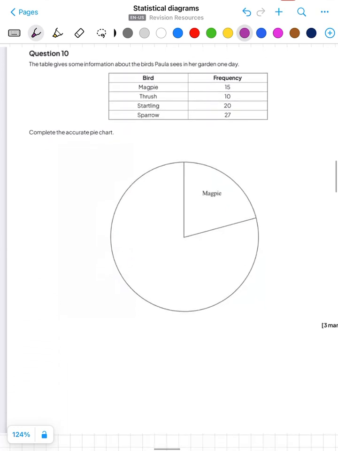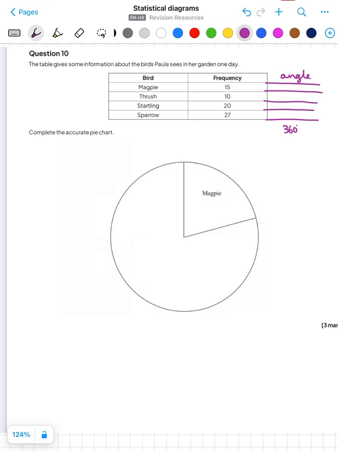Next, we look at a pie chart. Now, a pie chart is a circle where the angles in a circle total 360 degrees. So what we need to work out is what angle is going to represent our total frequency. And we know that all of the angles in the circle need to total 360 degrees.